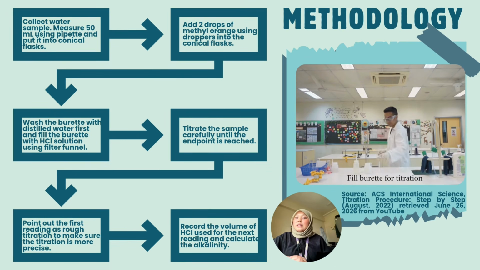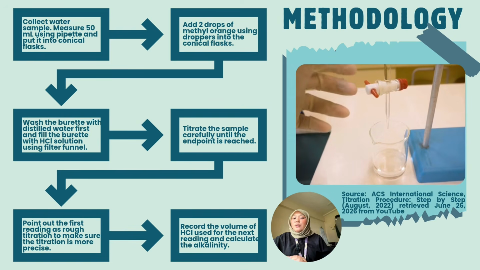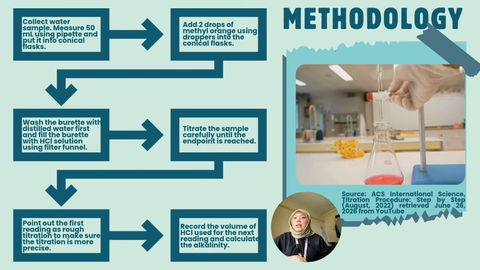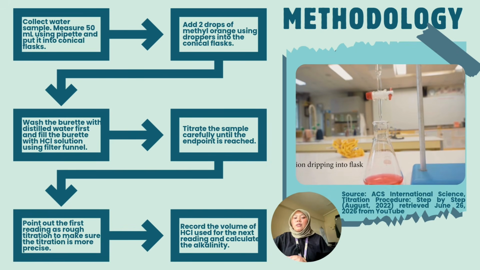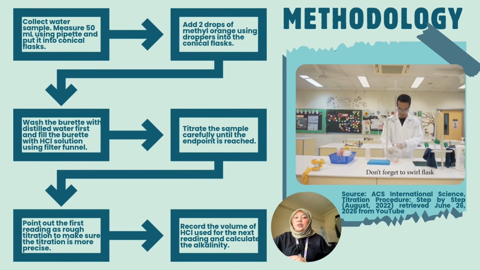The sample was titrated until the methyl orange changed color, indicating the endpoint. A rough titration was performed first, followed by accurate titration to obtain consistent readings. Finally, the volume of HCl used was recorded and used to calculate the alkalinity of the water sample.